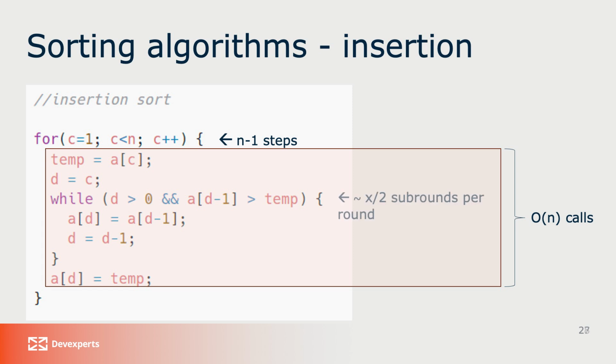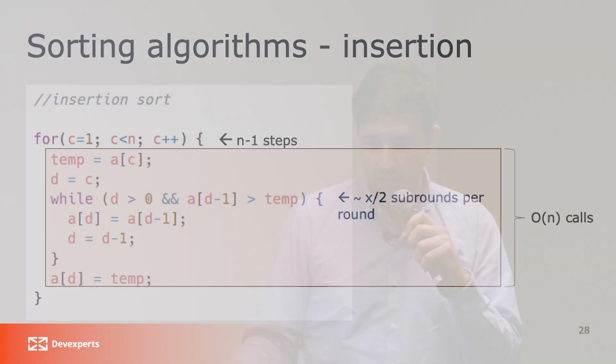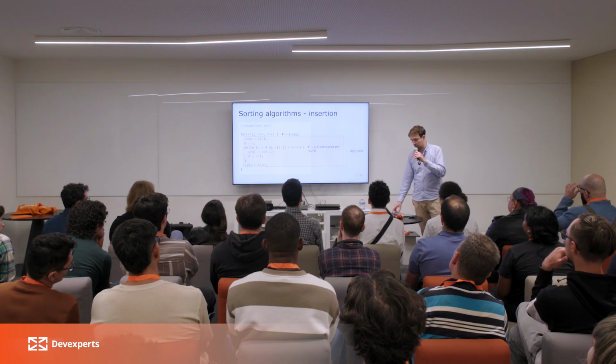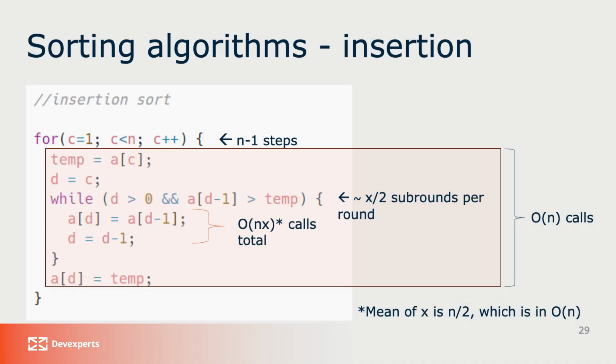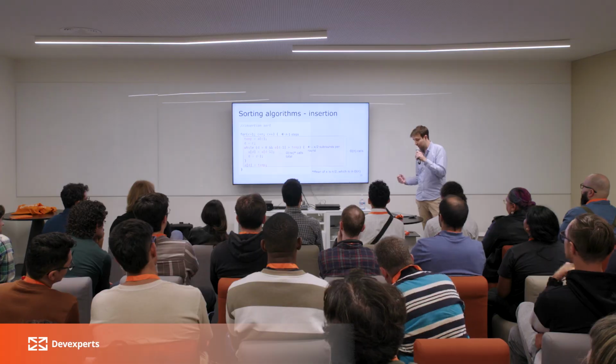This is going to be the while loop. It's going for x divided by 2 sub-rounds per round, which is a mean. We have a mean, and x divided by 2 is going to be x. So we can have x, n times, x calls total. We can also say that in the worst case scenario x is going to be the next values.